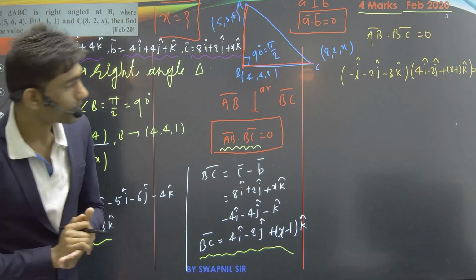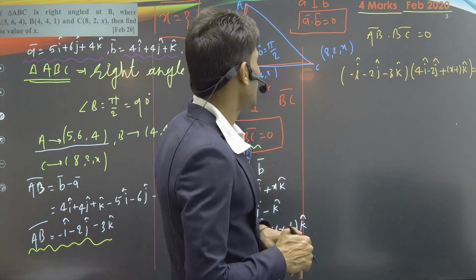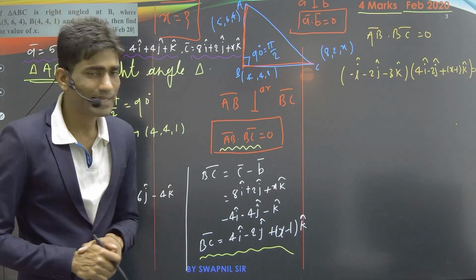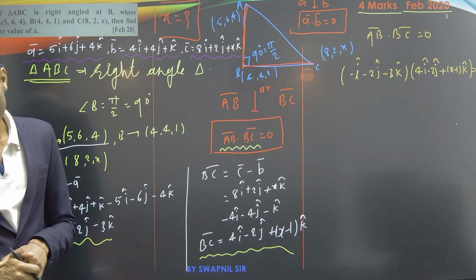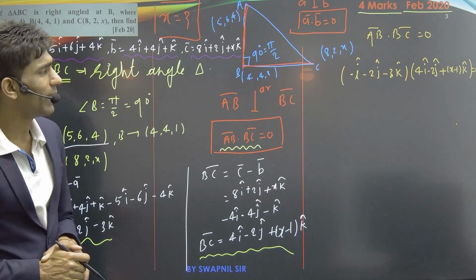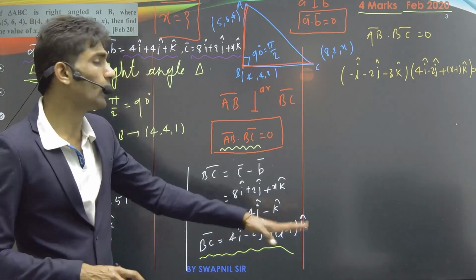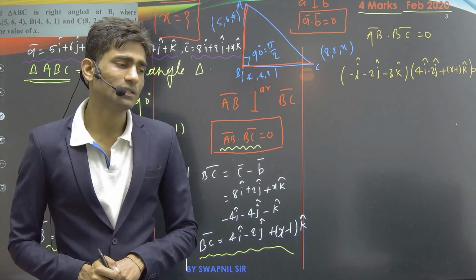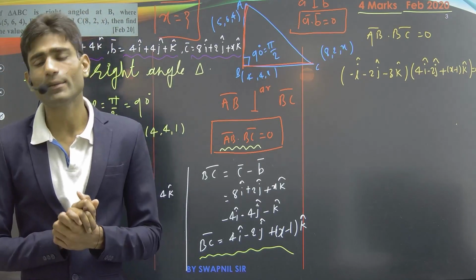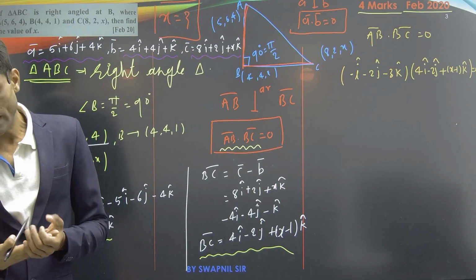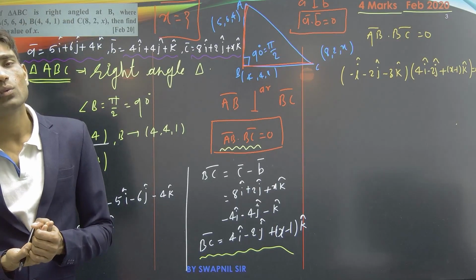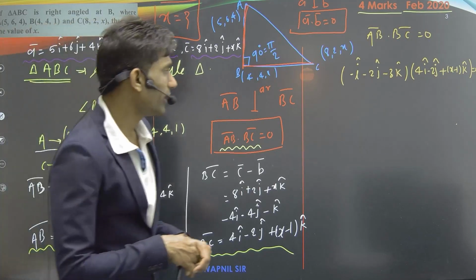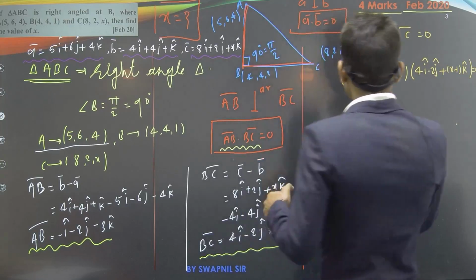Now we have to multiply minus i cap minus 2 j cap minus 3 k cap with the vector 4 i cap minus 2 j cap plus (x minus 1) into k cap. Go for the similar: i cap into i cap gives us the value 1, j cap into j cap gives us 1, and k cap into k cap gives us 1.